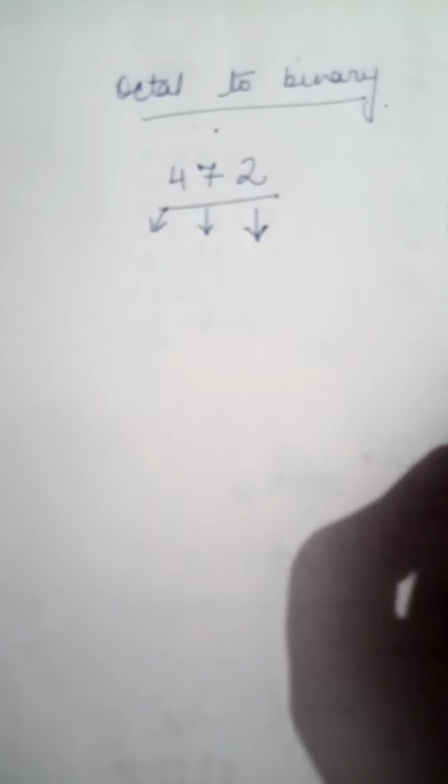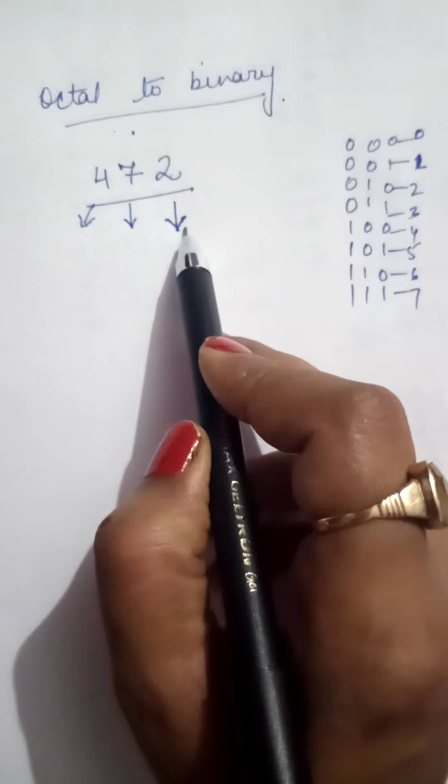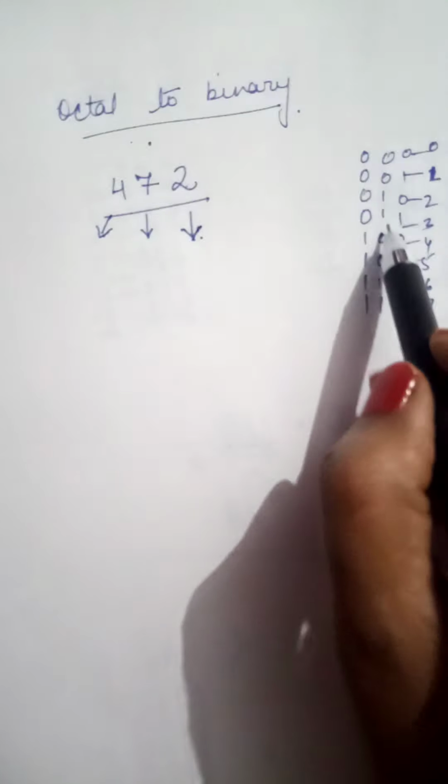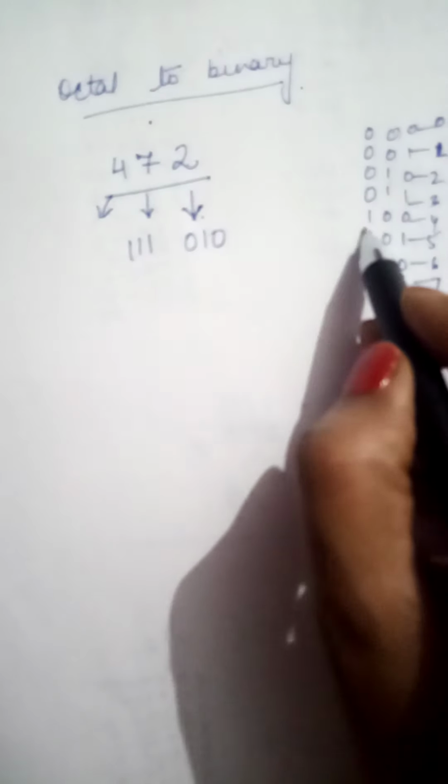Okay, 0, 1, 2, 3, 4, 5, 6, 7. From 0 to 7, total 8 numbers are there in octal number system. Okay, now binary equivalent of 2 in 3 bits, 0, 1, 0. Equivalent of 7 is 1, 1, 1. Then 4, 1, 0, 0.